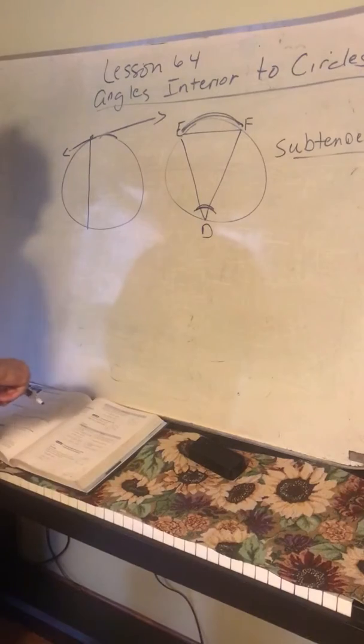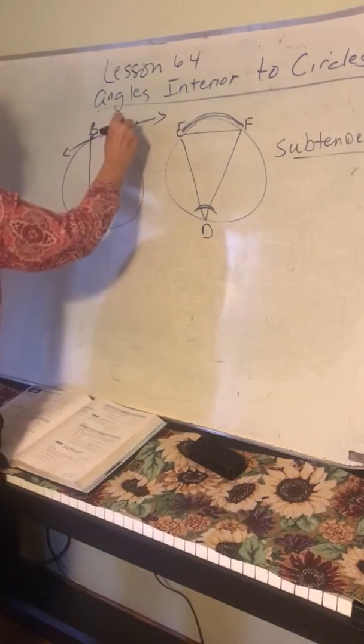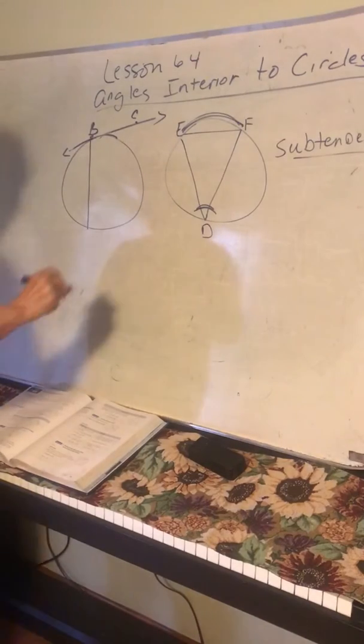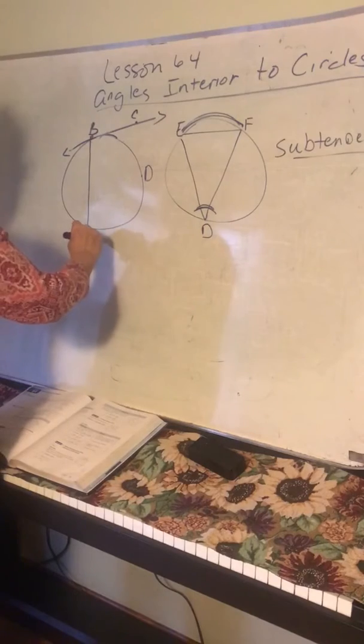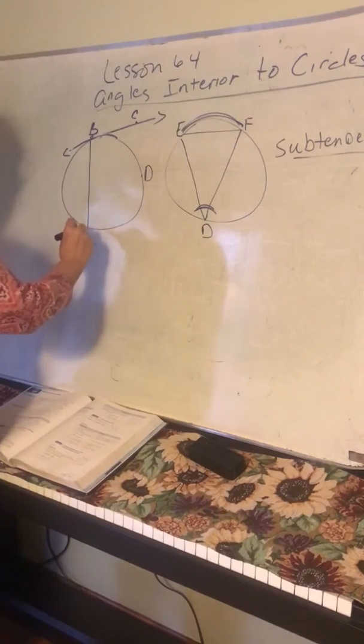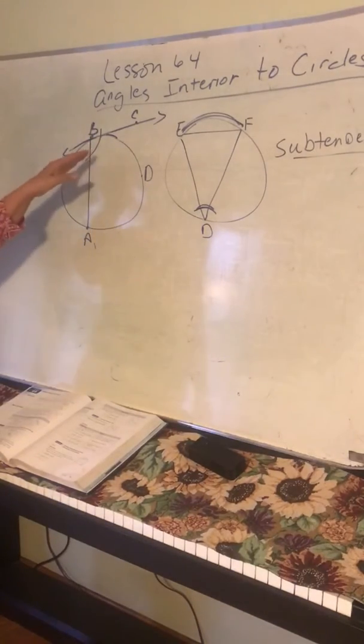Let me give you an example. Let's put some points on here: B, C, D, and A is right here. They're going to ask you the measurement of this angle right here. Now, if that went through the circle, it would be 90 degrees, but it does not.